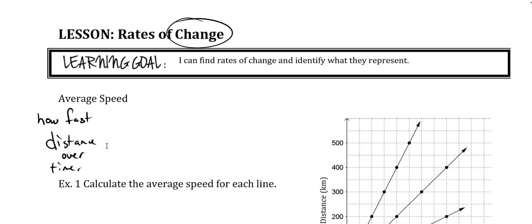So the time can change and the distance can change, but it's a relationship between distance and time. That's really important. What else? What do you think about speed? Approximately how fast would you drive in your car? Who can tell me something about that? Miles per hour. Or in Canada, kilometers per hour. If I'm driving on a town road, does anybody know?